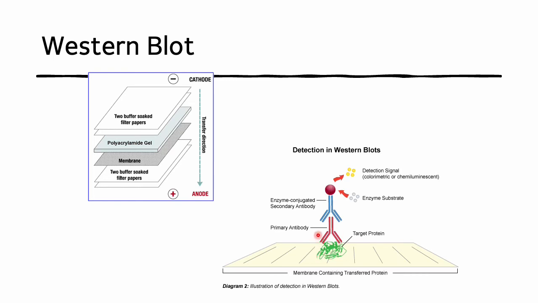But before this primary antibody attaching step, we usually go over the blocking step. So: transfer, blocking, primary antibody, secondary antibody, and detection step. For the blocking step, we usually use skim milk or bovine serum albumin as a blocking agent.